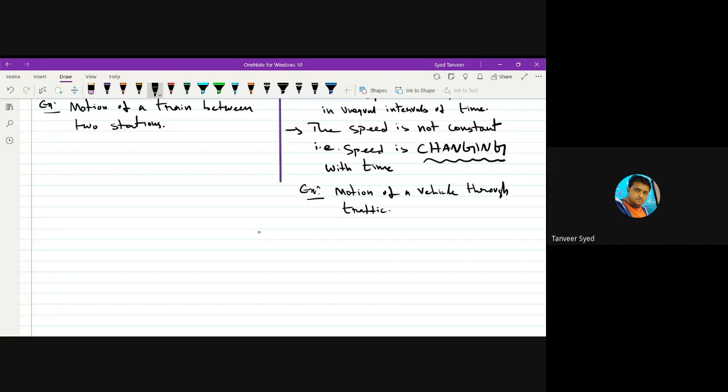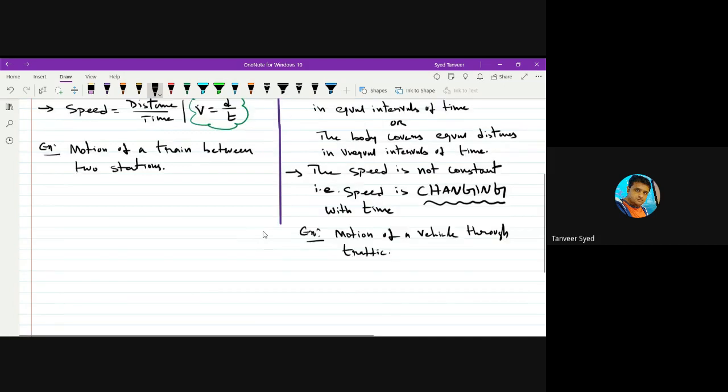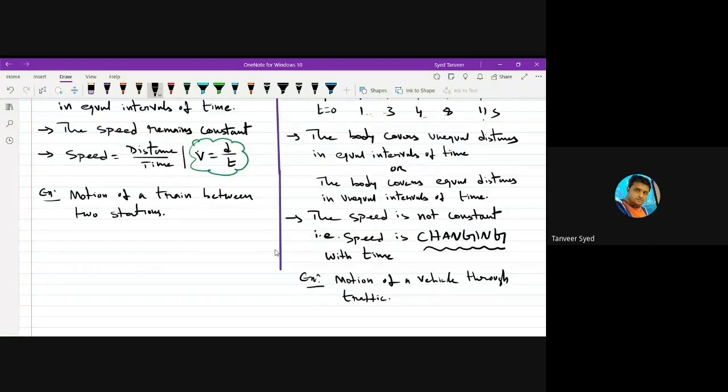If it is okay, now the point is, you can use the formula speed equals distance by time to study motion of a body in uniform motion. But can we use the same formulas to study non-uniform motion of a body? No, sir. We cannot use. Why? Because the speed changes.